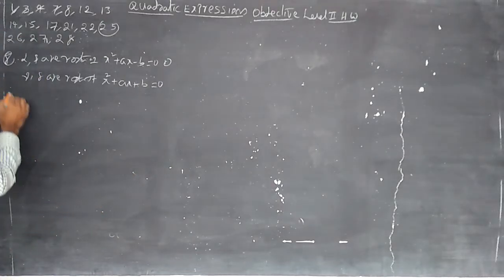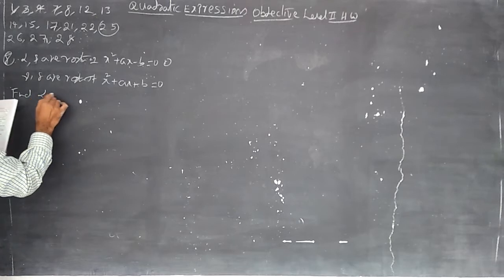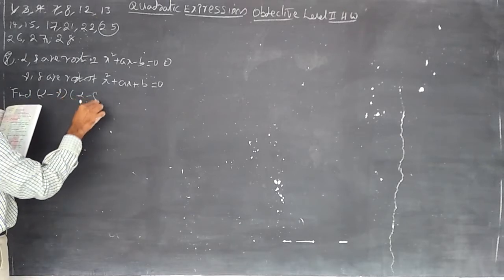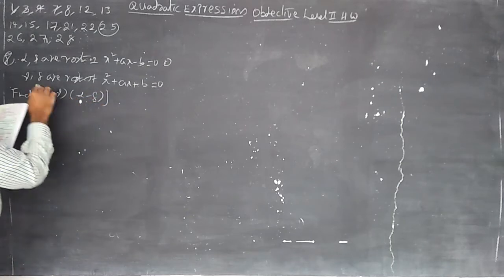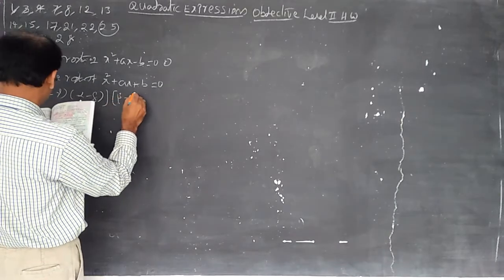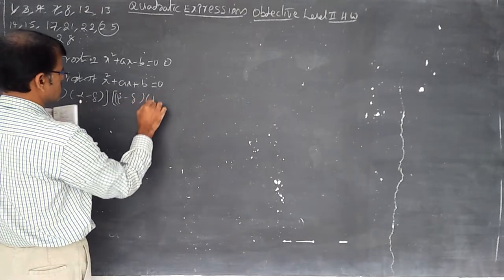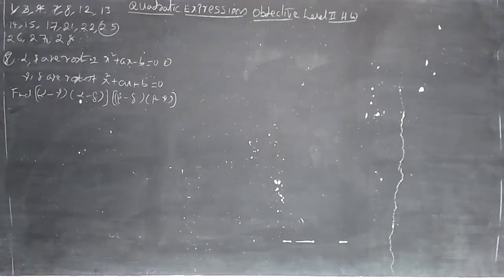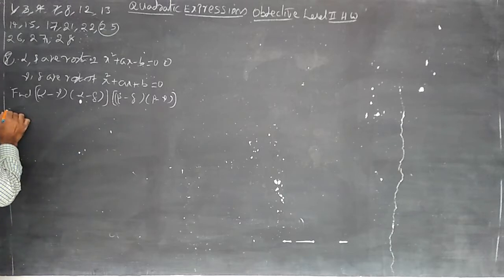Then find alpha minus gamma into alpha minus delta, in a bracket, and beta minus delta into beta minus gamma.